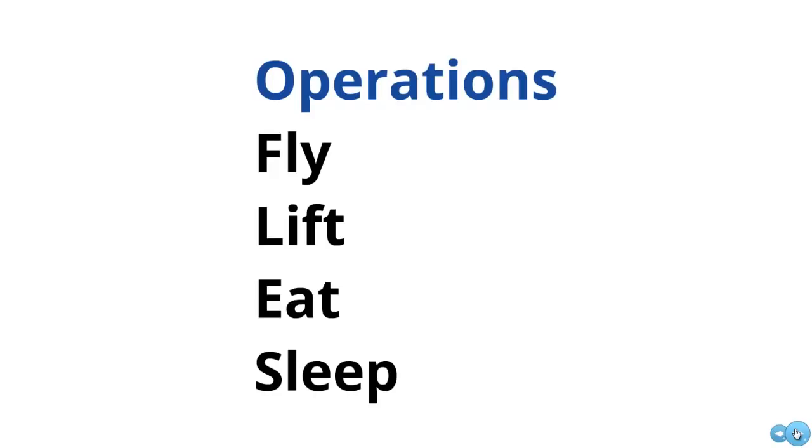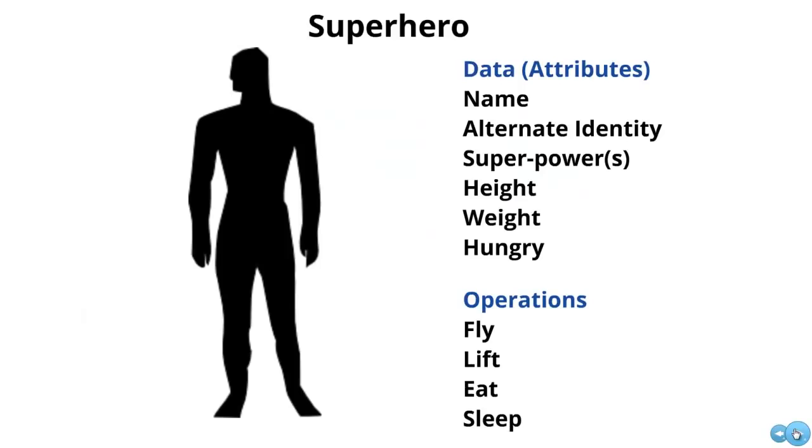If hungry was state information, it would be some sort of Boolean value. So hopefully you have an idea now of what we're talking about when we describe a class. A class is, again, a blueprint or a template to describe something in terms of its data and its operations.